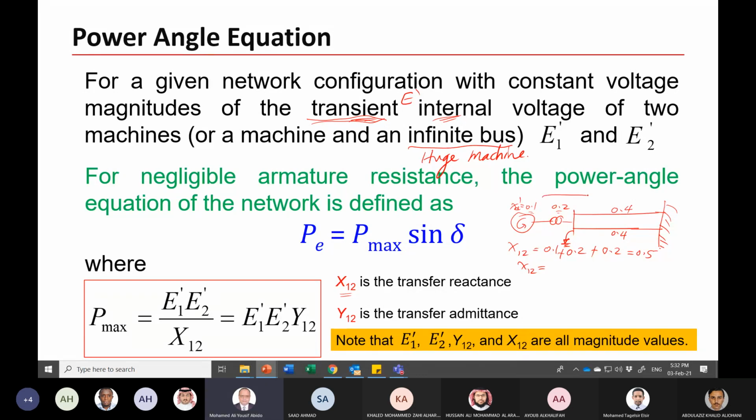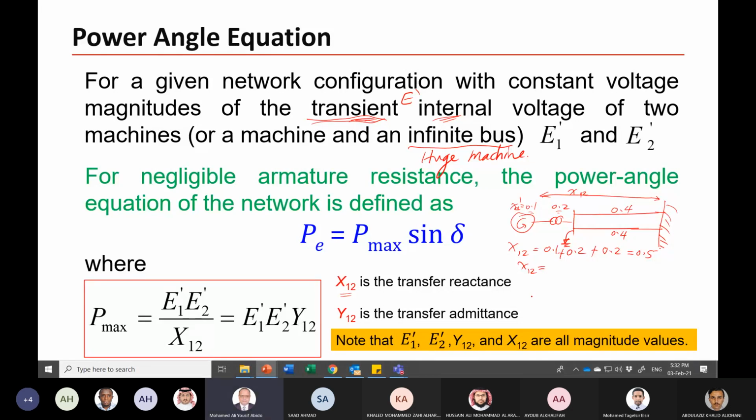If this is the transfer impedance between bus 1 and bus 2, or generator 1 and generator 2, or something else. Now we need the transfer impedance X12. So 0.3 is not right.